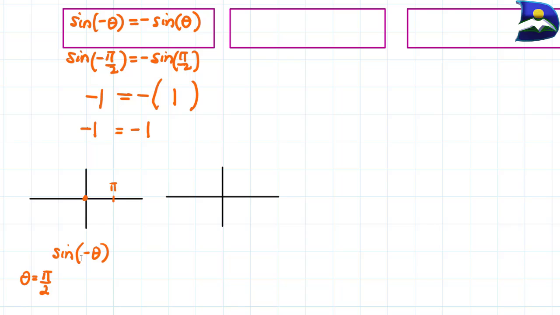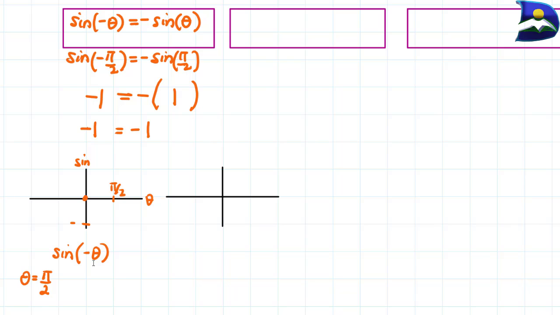And so where we have theta to be pi over 2, after we label our x-axis to be theta and our sine for our y, we see that yes, our sine negative pi over 2 is equal to what? Negative 1, which is right over here.